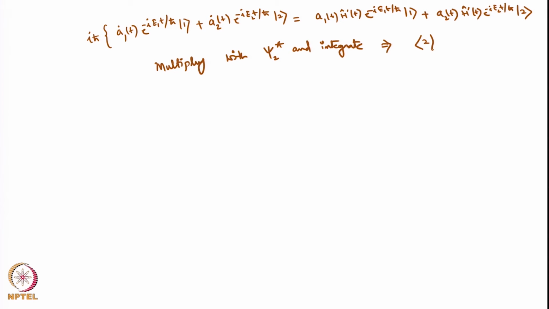Now remember, last time we multiplied with ψ1 star and integrated. Now we are multiplying with ψ2 star and integrating. So quickly I will skip a couple of steps because you already know how we did it with the ψ1 star.